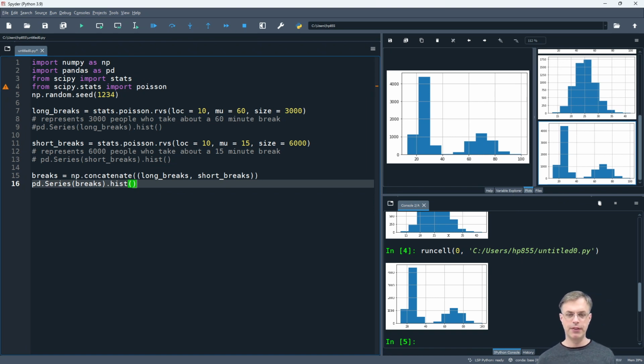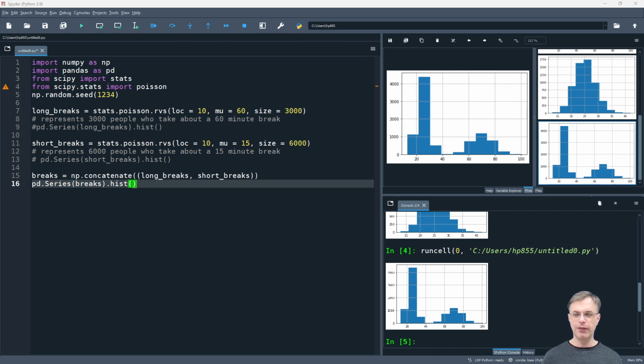On the left, we have our larger hump of the people who take around 15 minutes break. And on the right hand, the smaller one, this one here, a smaller hump of people who take a longer break. So later on, we will investigate this graph further.